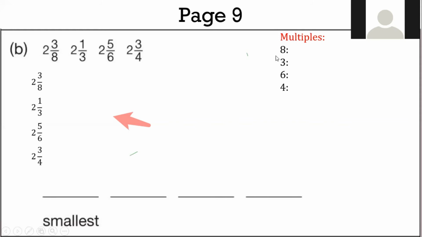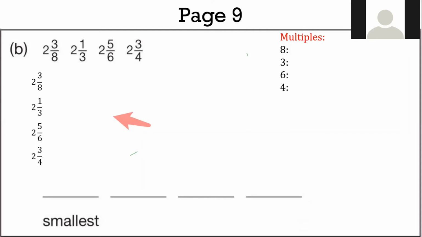Okay, so when we are getting the multiples of a number, we can start with 8 times 1 equals 8. 8 times 2 is 16. What's next? 8 times 3, what's the answer? Is it 21 or 24? 8, 16, 24.